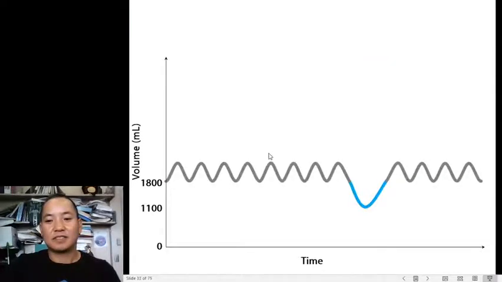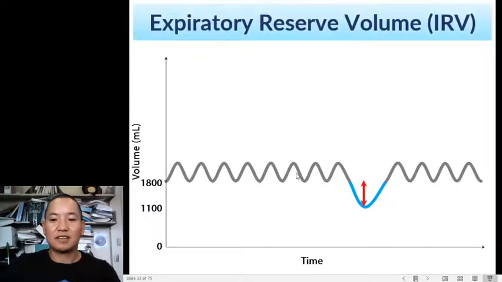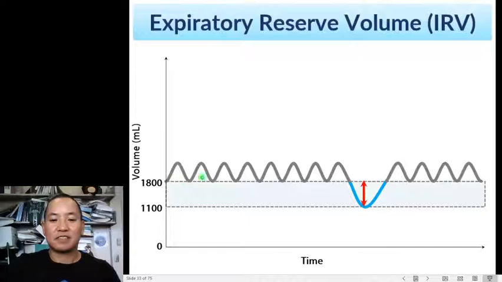Now, what's happening here? A decrease in volumes, but it's a decrease below their normal tidal breathing, right? So this is their expiratory reserve volume. Remember, this part right here is their local minimum, the volume left in their lungs after a quiet breath, but they pushed out a little more air when they did that forced exhalation.